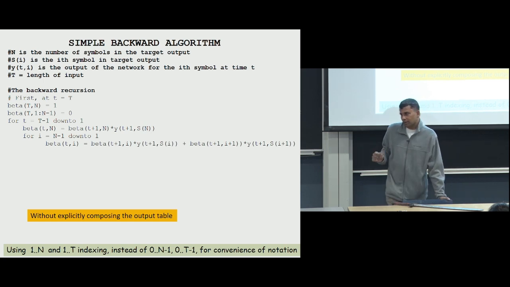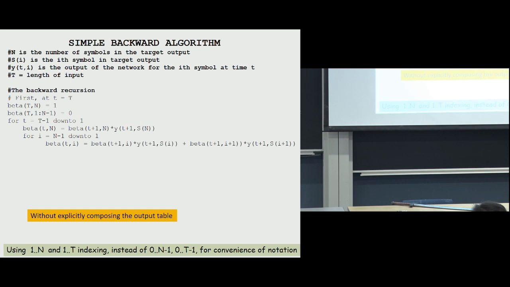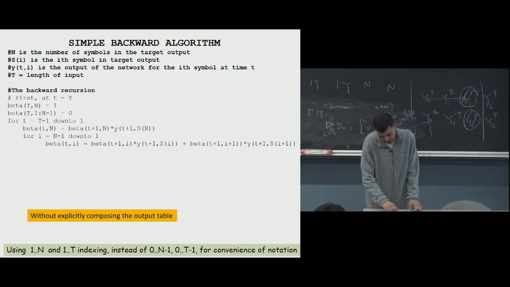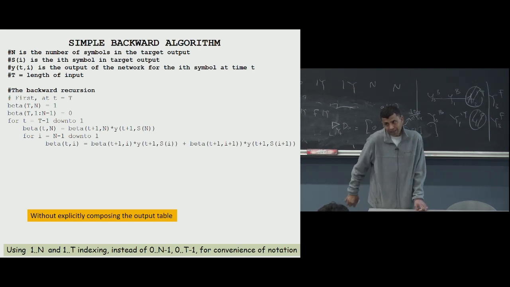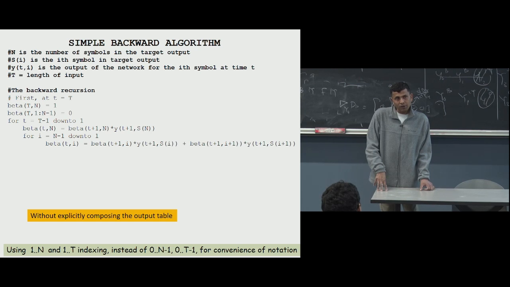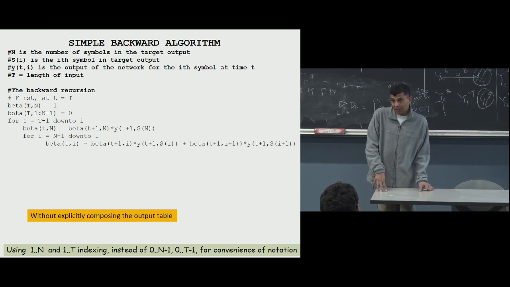There's a second question: did you solve the problem of having two consecutive same expected outputs? That will be in the next class. It doesn't. We solve the problem of not having alignments, but we still have the issue of multiple repeated expected outputs.